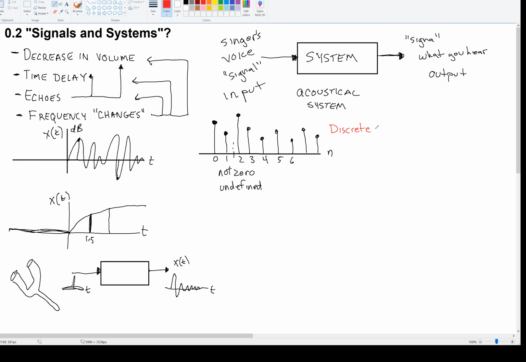So we're going to call this a discrete time signal. I'm going to use the notation like this, more on that in a second: x[n]. And these first several signals that I've drawn here, these are continuous.